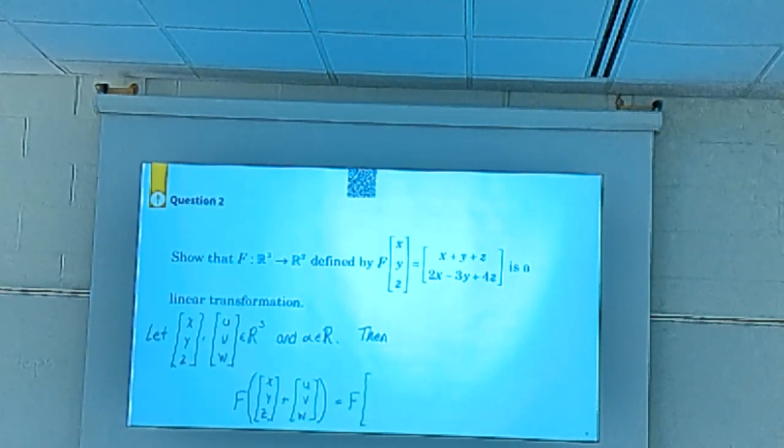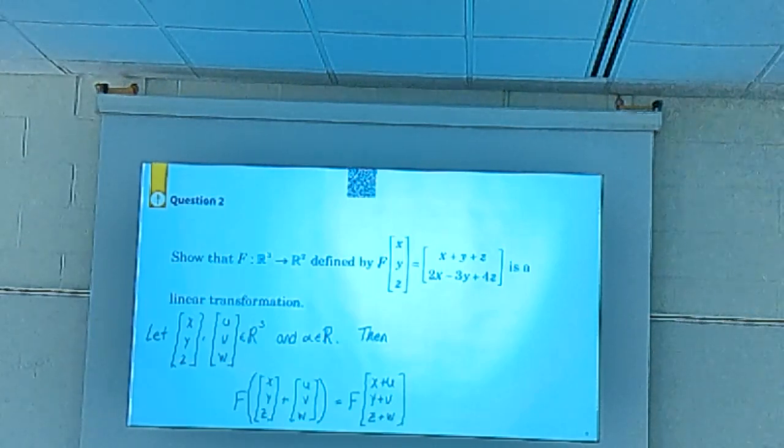Well, we're dealing in R3. Vector addition in R3. I just added those. So that's the vector we're now transforming.